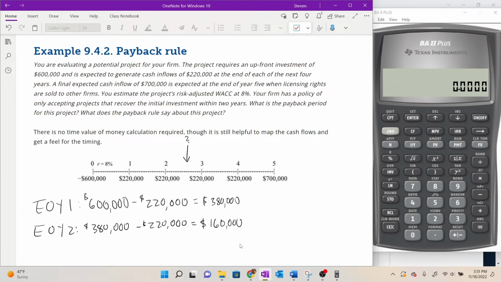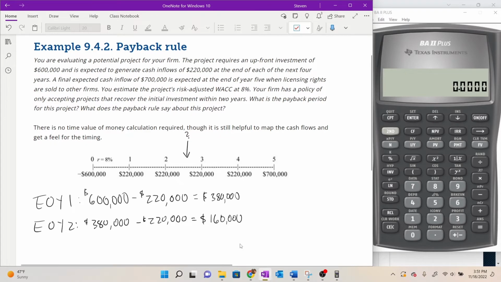So we're going to make a little bit of a simplifying assumption here. To figure out what that point-something is, we're just going to assume that that $220,000 arrives evenly. So the same amount comes in every day or every month over the course of the year.